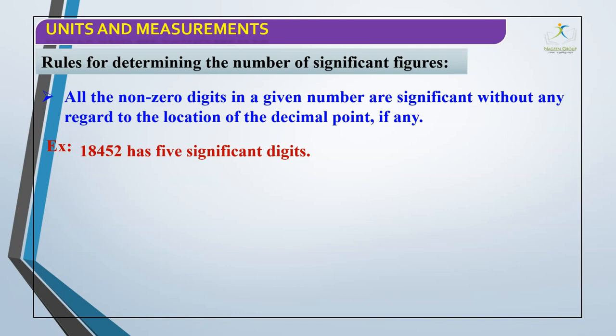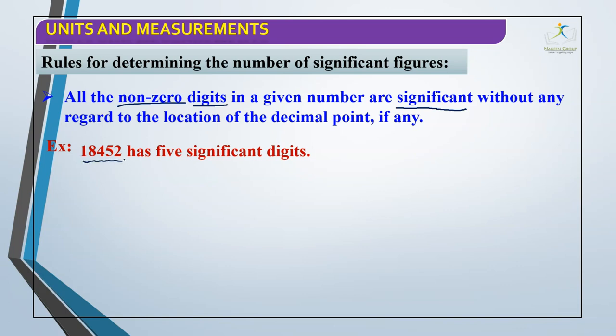There is no decimal point here, so all the values are significant. We have to take all these values. All non-zero digits are significant. So we have 5 significant figures in this number.